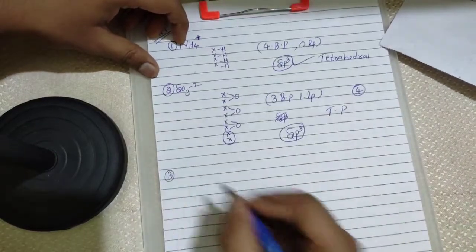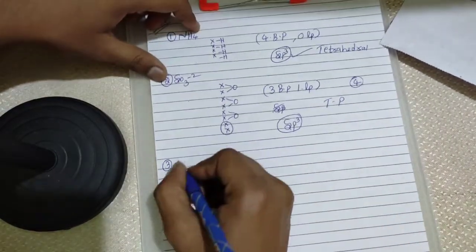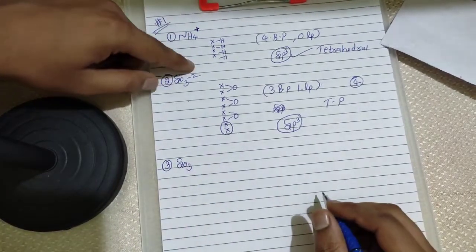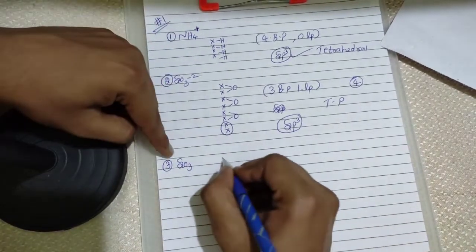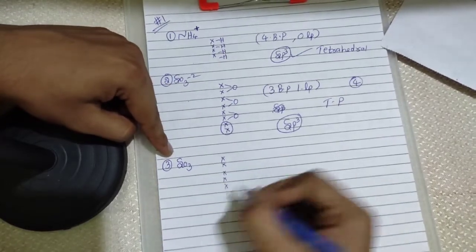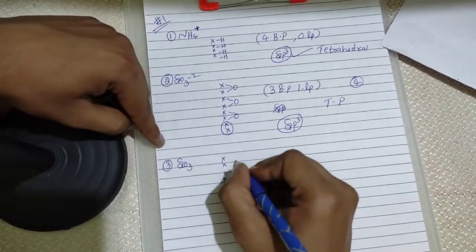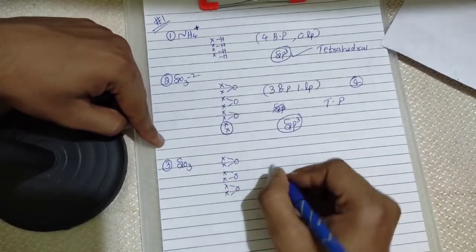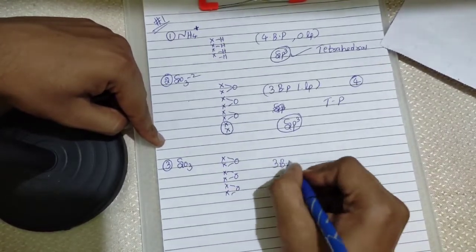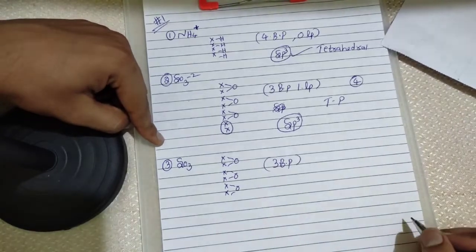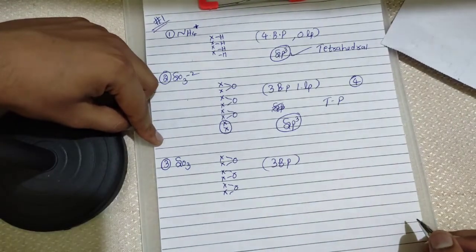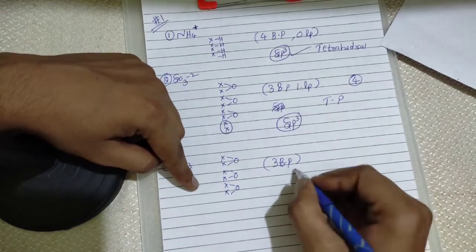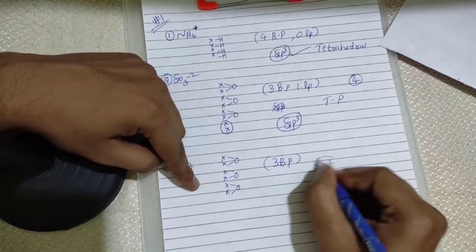Next, let us move on to some more interesting examples. SO3 again. Here was SO3 2-, now SO3. How many electrons do we have? 6 electrons, right? 1 2 3 4 5 6. Oxygen uses 2 arms, so we have only 3 bond pairs. With 6 electrons and 3 bond pairs, the hybridization is sp2.